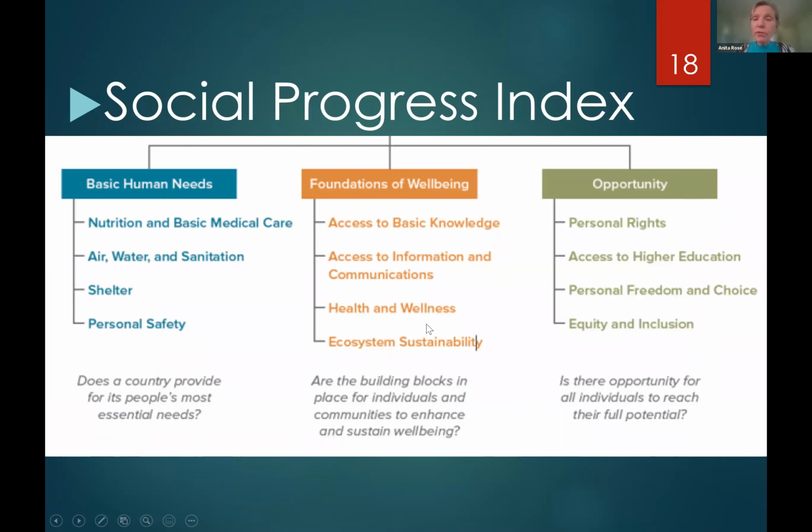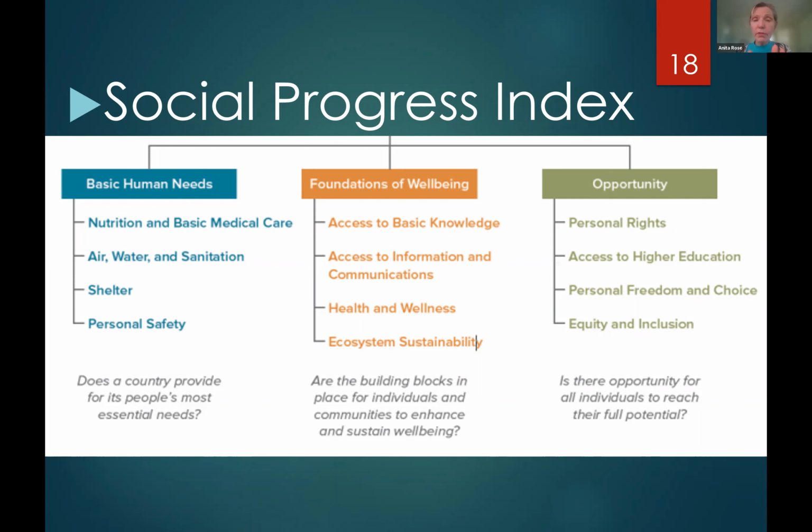When we look at the social progress index, this is another area I want to focus a little attention on. We have our basic human needs, right? That's one category: having shelter, the bottom line of Maslow's hierarchy of needs. We also need foundations of well-being: access to basic knowledge, health and wellness, a good ecosystem, access to information and communication.